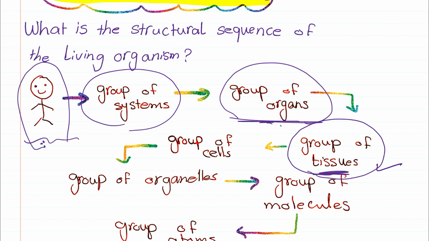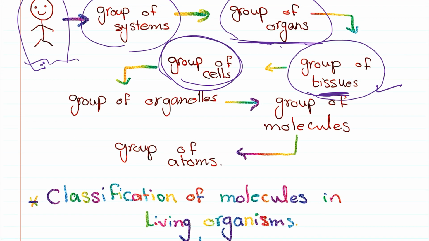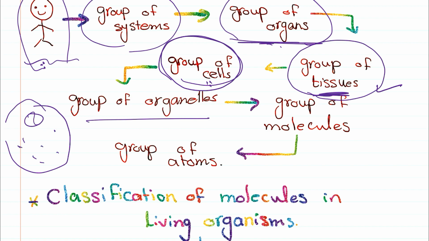If we take each tissue, it will be formed of a group of cells. The epithelial tissue is formed of epithelial cells. Each cell is formed of organelles. The animal cell is formed of different organelles: nucleus, cell membrane, cytoplasm, mitochondria.